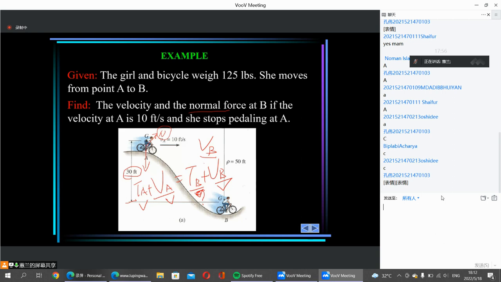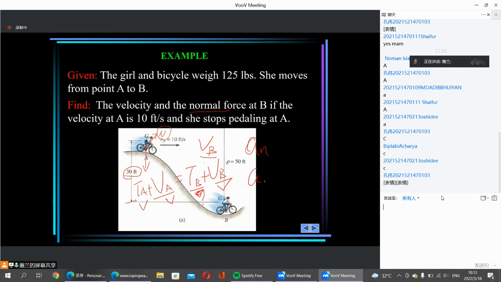Because when you use the equation of motion, there will be force analysis, the force related to the acceleration. But how do we know the acceleration of the girl at point B? Because the girl has a circular path, so we use the n-t coordinates, right?